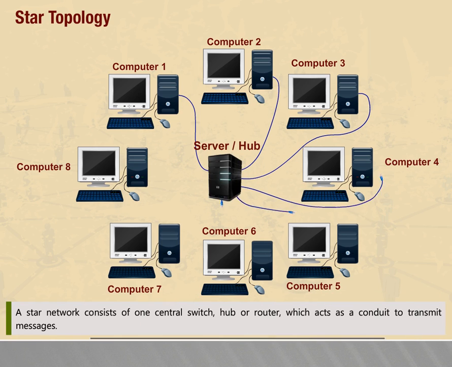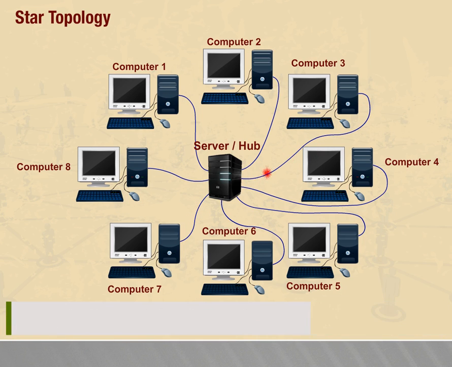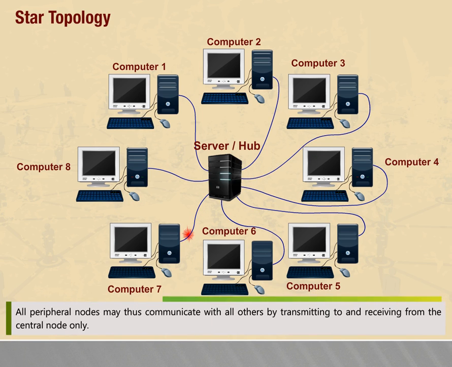A star network consists of one central switch, hub or router, which acts as a conduit to transmit messages. All peripheral nodes may thus communicate with all others by transmitting to and receiving from the central node only.